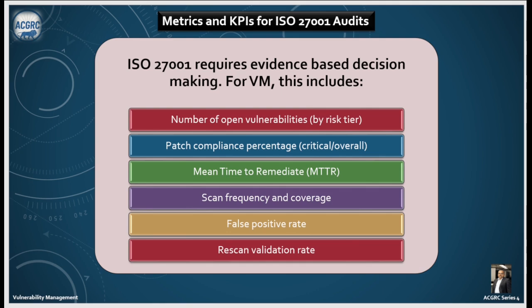The general ISMS metrics, that's clause 9, which are the number of security incidents, risk treatment effectiveness, internal audit findings, corrective actions tracked and resolved, policies and procedure update frequency, and staff security training completion. In plain language, it means: how often do things go wrong, for example breaches, phishing, malware?